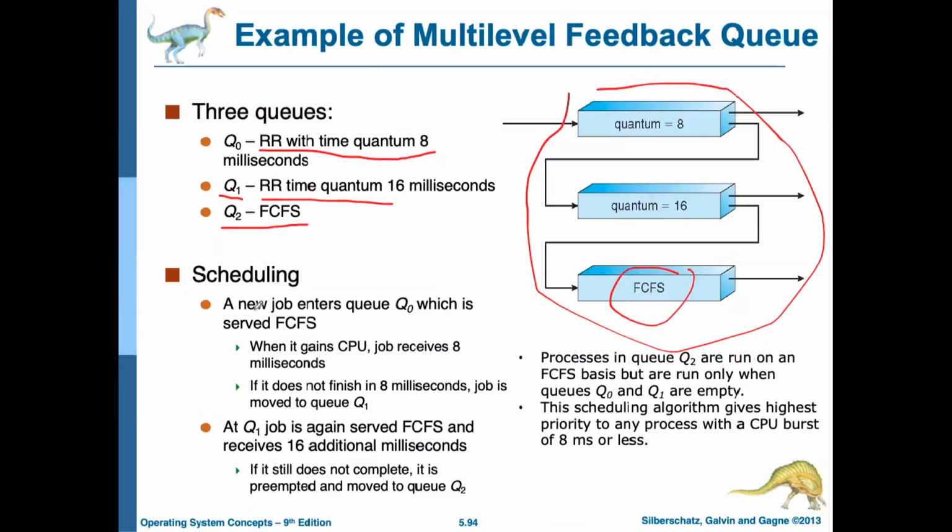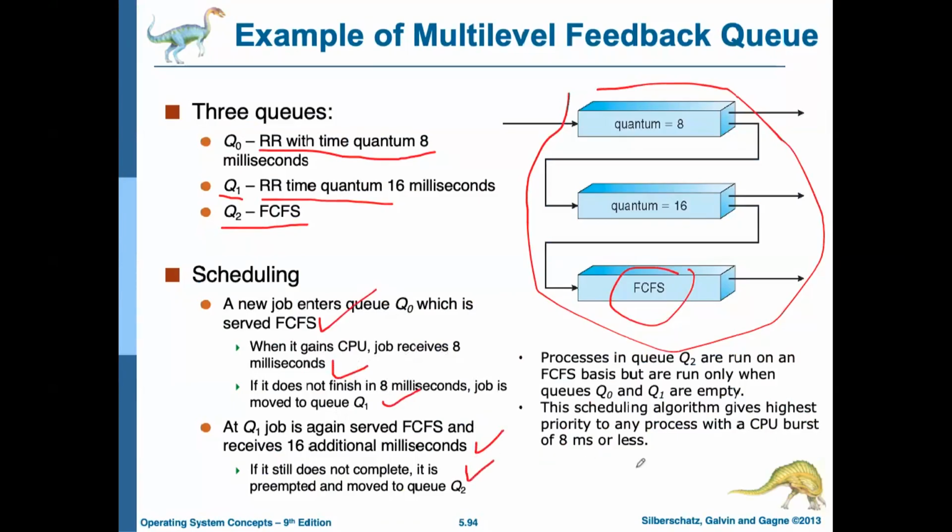When it gains the CPU, the job receives 8 milliseconds. If it does not finish, we follow the same kind of algorithm. So this is the algorithm for this multi-level feedback queue.